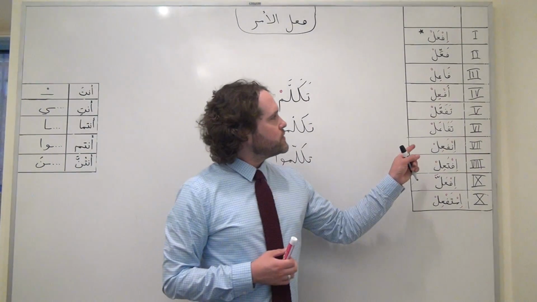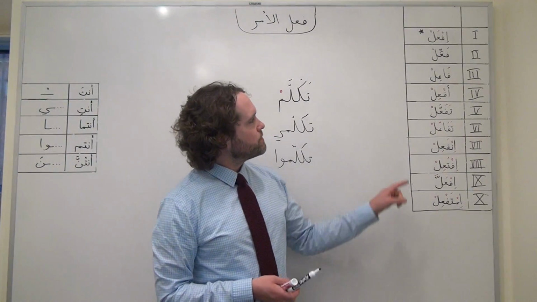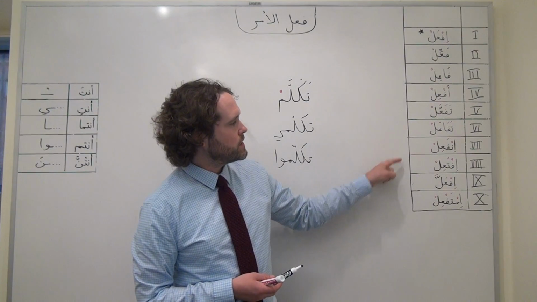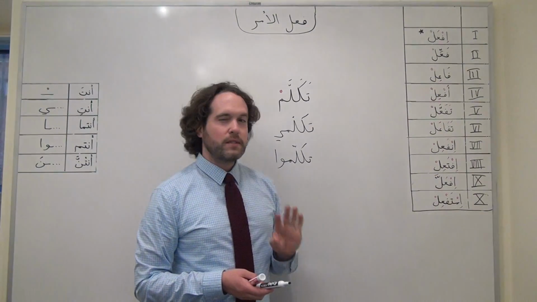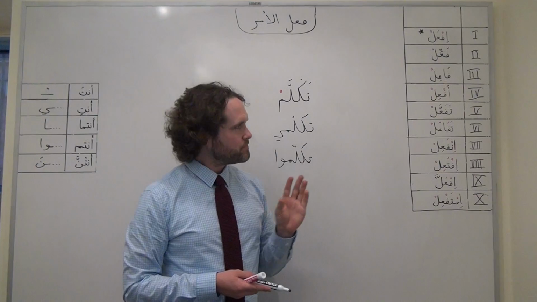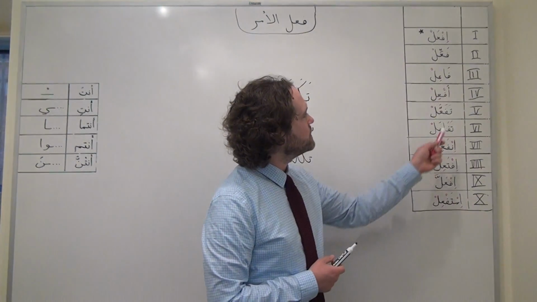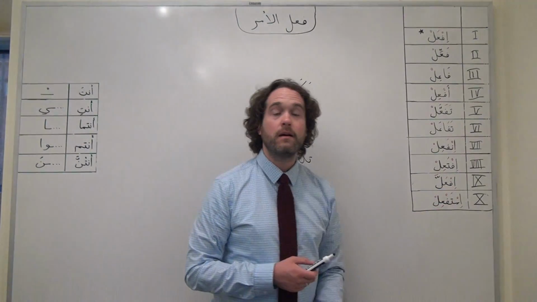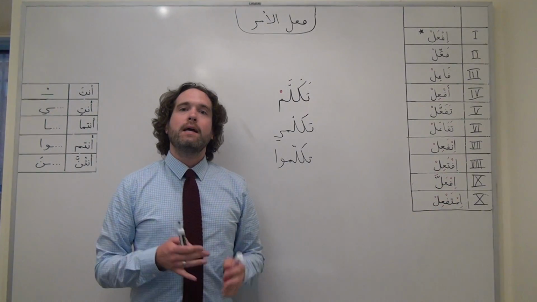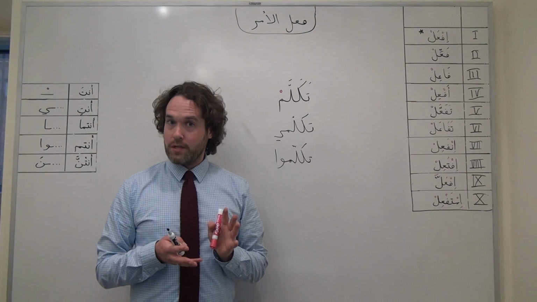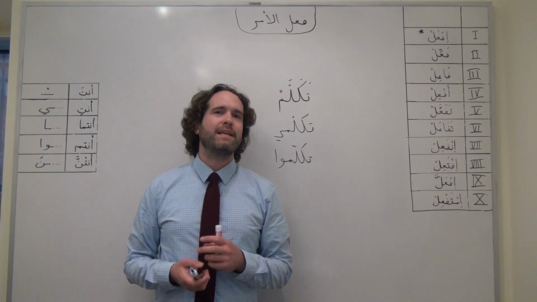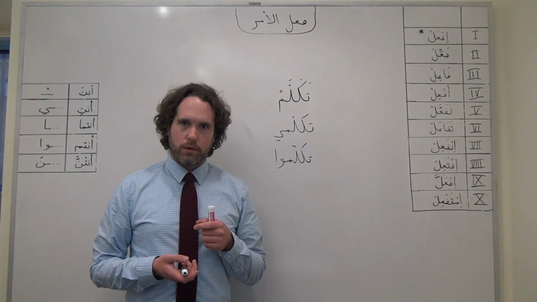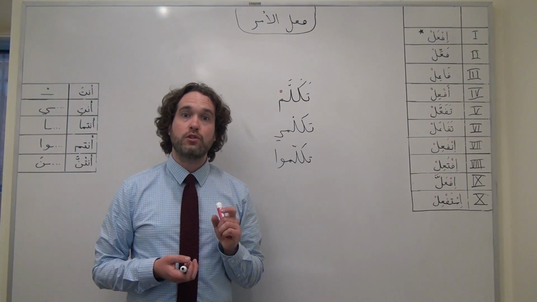I want to draw your attention to something over here, which is that in certain verb forms, 4 and 7 through 10, we've actually done something that might seem a bit strange. We've added back kind of a helping vowel at the beginning of the verb conjugations. This may seem a little bit strange and arbitrary until you remember that in formal Arabic, we aren't allowed to begin a word with a consonant that has a sukoon on it.